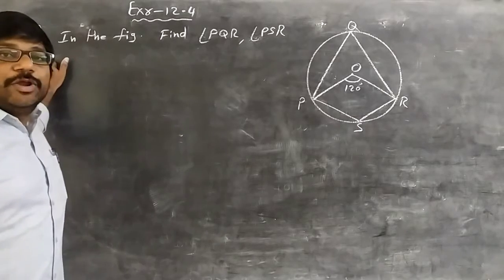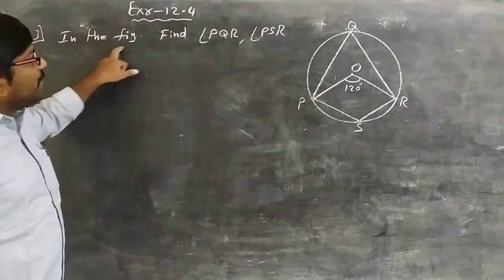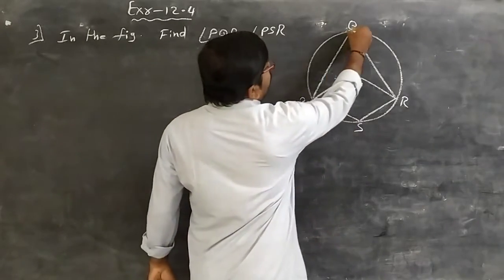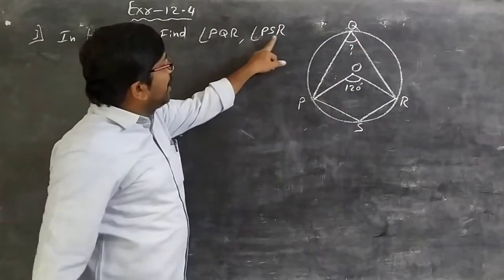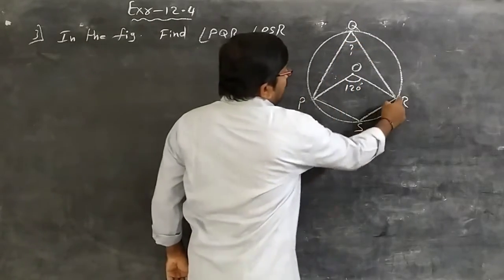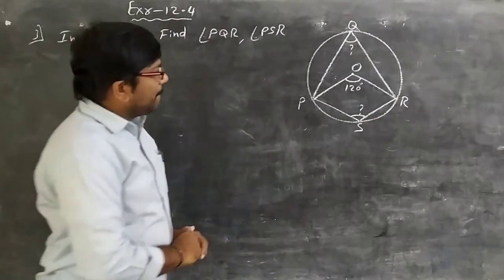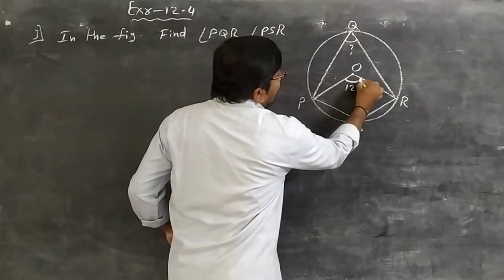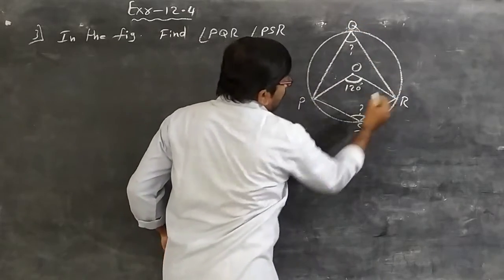Yes, go for the third problem. It is the same as the first problem. In the figure, find angle PQR. We have to find this angle, and angle PSR. Right? So observe carefully. In this figure, angle POR is twice the angle PQR.